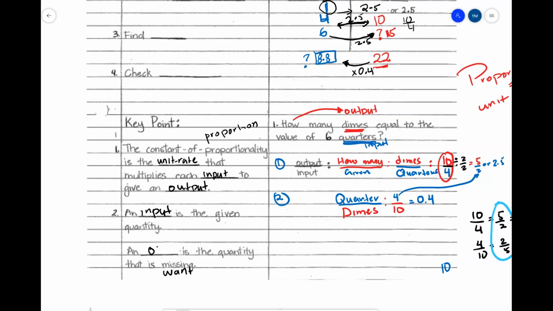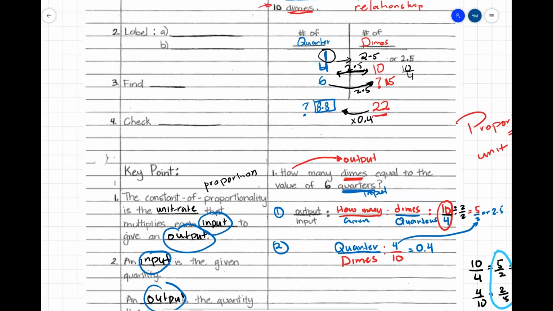So that will be the output. So hopefully you're making some connections, and see which words keep coming up: output, input, and these words are going to keep coming up in this unit. Something that you have, you multiply it by the unit rate to get something that you want, if it's a constant relationship.